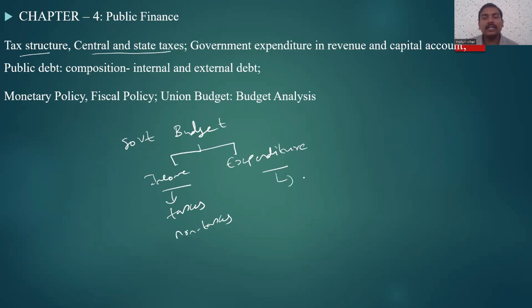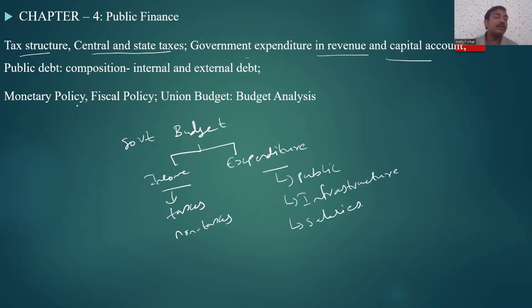It spends the money on the public, on infrastructure, and on salaries. So this is government expenditure in terms of revenue and capital account. Now, do you think that the Indian government's income can fulfill all the expenditure aspects?